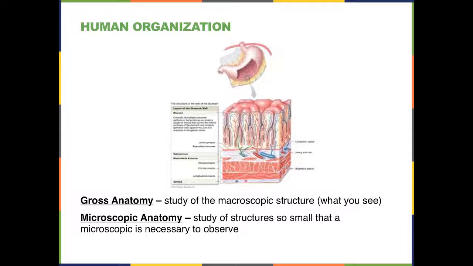Microscopic anatomy, and I had a separate course on microscopic anatomy, studies structures that require a microscope to be able to observe. In this picture, the top is a stomach, and this would be something that you could see with the unaided eye, so this would be part of the study of gross anatomy, whereas on the bottom is a microscopic picture of the lining of the stomach, and you could not see this without help.